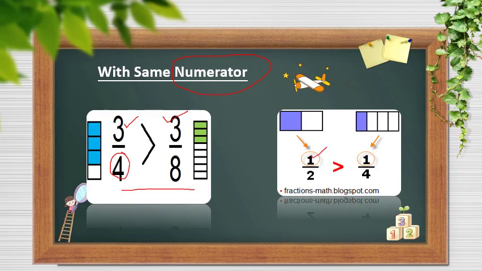So when numerator is same, smaller denominator will give you the greater fraction. Again, when numerator is same, excellent, smaller denominator represents greater fraction. Very good.